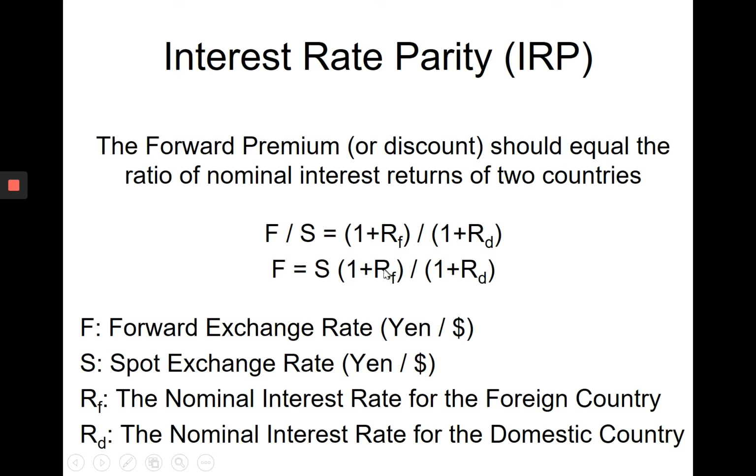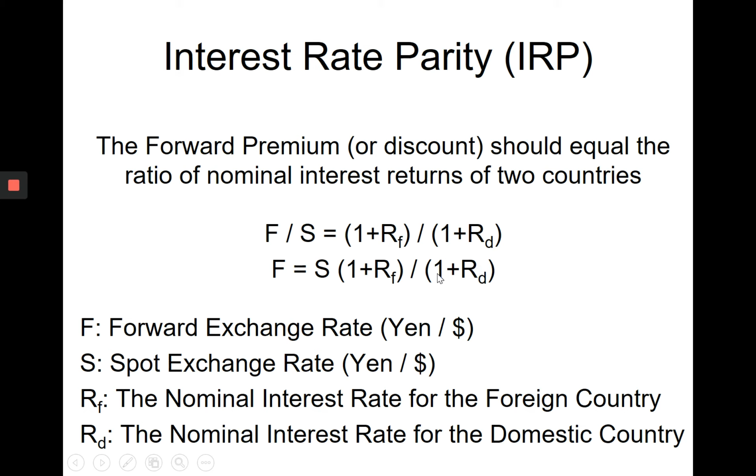Then, forgive me, you divide by 1 plus the interest rate in the US in this example, because you're borrowing in the US, and that was RD. You have to discount when you borrow. So you divide by 1 plus RD. That's the first thing we did when we borrowed from a bank in the US, if we were the Swiss company.